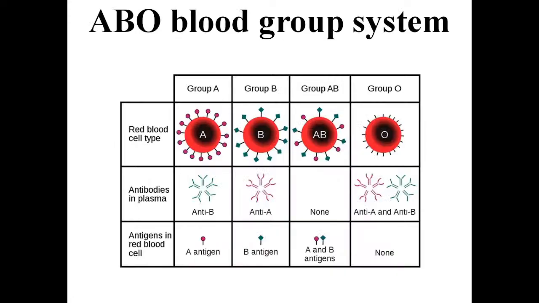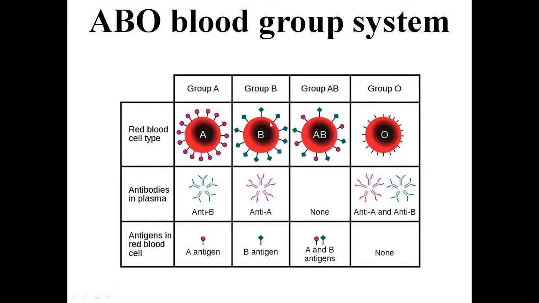Students, in this slide you can see the AB0 blood group system. Patients with group A have antigen A on the walls of the erythrocytes, and in plasma they have anti-B antibodies.